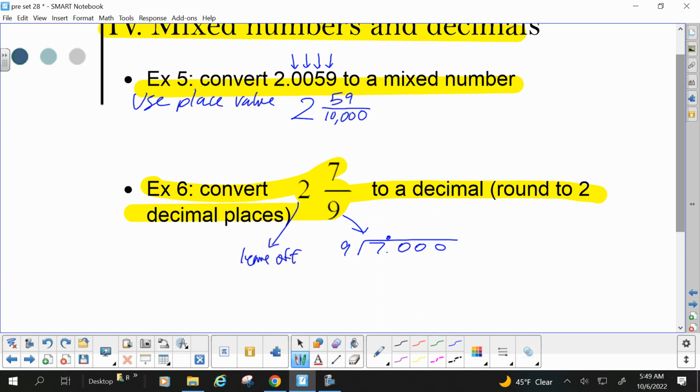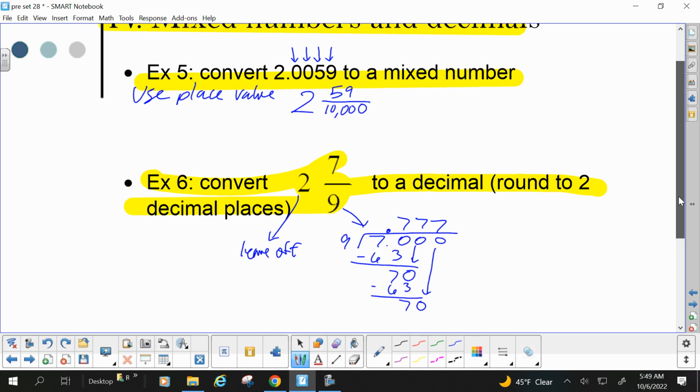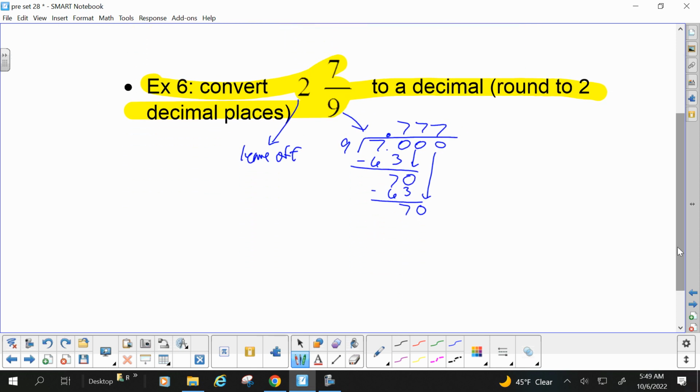9 doesn't go into 7, but it does go into 70. 7 times. 9 times 7 is 63. I get a 7 and a 70 again. Goes in 7 times. 9 times 7 is 63. Subtract. I get a 70 again. Overall then, I get 0.777 for the fraction part.